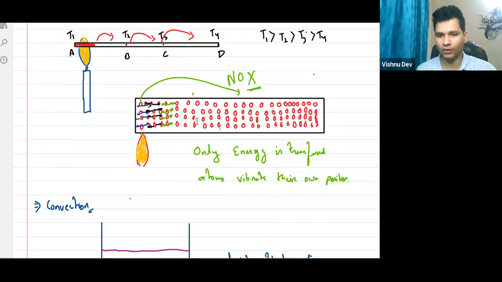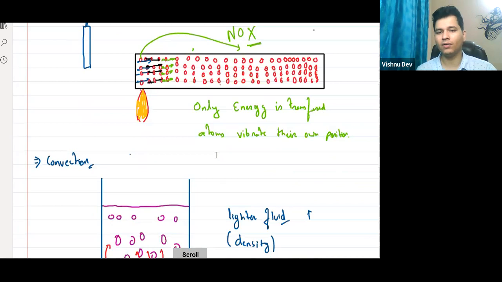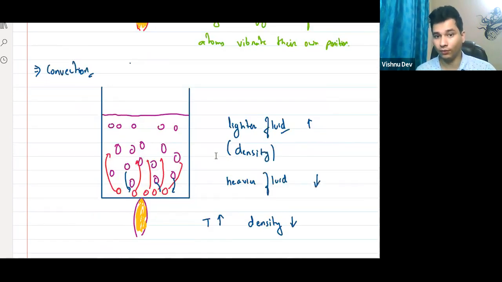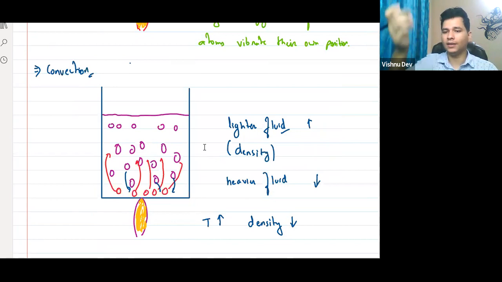But when you talk about fluids, especially liquids and gases, the atoms or molecules themselves gain energy and then they move, right? Lighter fluids are less dense, so they rise up, and the colder fluids are heavier, so they come down, right?